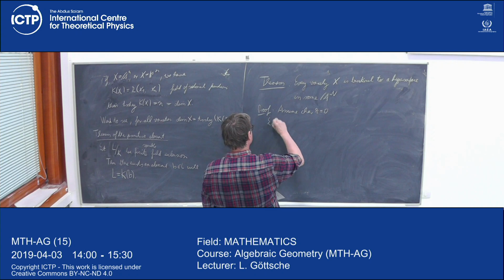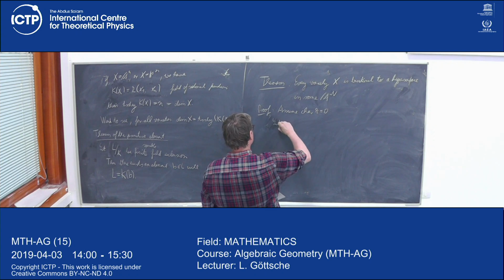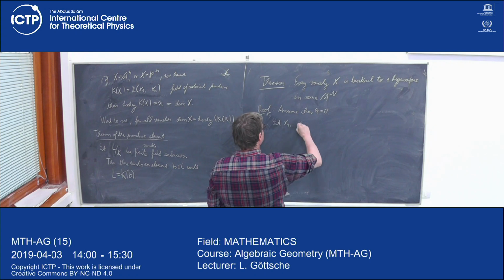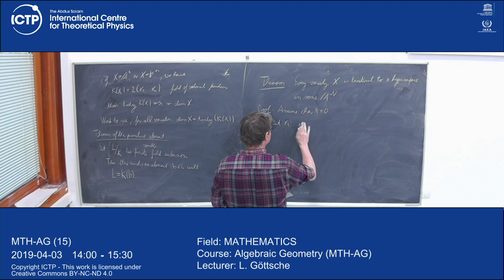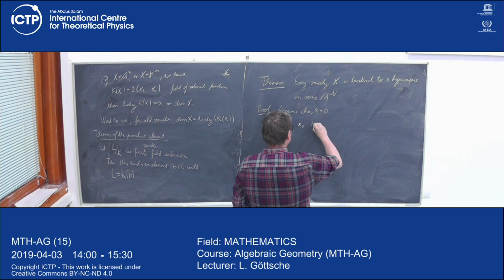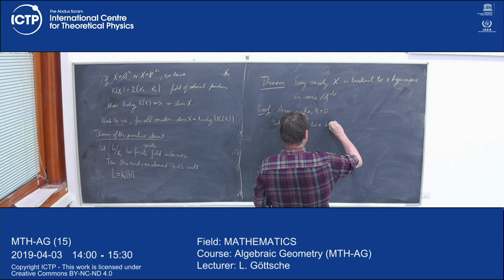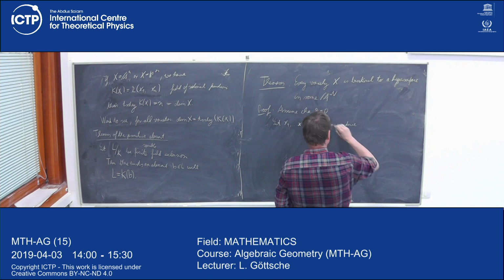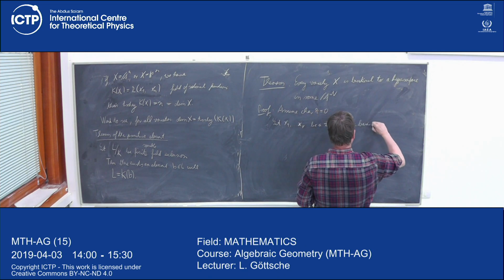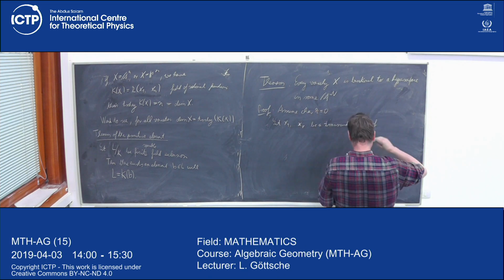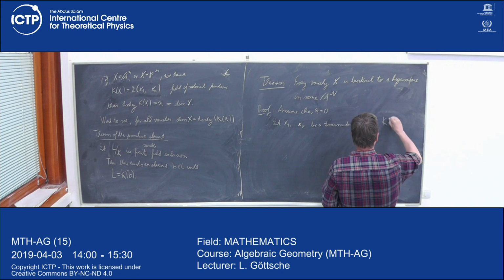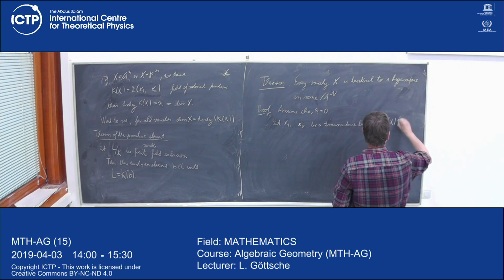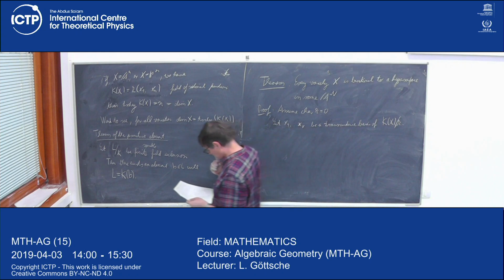So let x1 to xr, these are small x's, be a transcendence basis of K(X) over K. We know that such a thing exists.